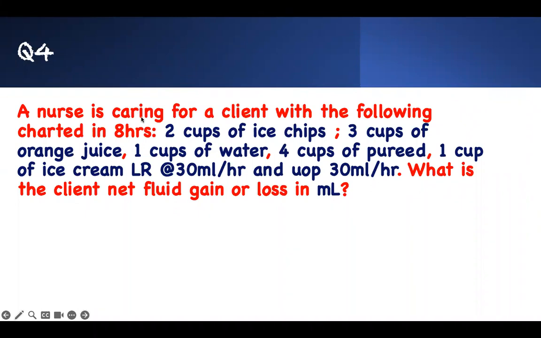Nursing concept. A nurse is caring for a client with the following charted in 8 hours. So in 8 hours, this is what we have. I have 2 cups of ice. So you have to convert the ice, and you have to know this number. 1 cup is equal to what? 8 ounces is equal to 240 ml.